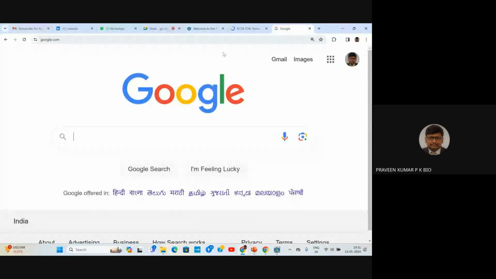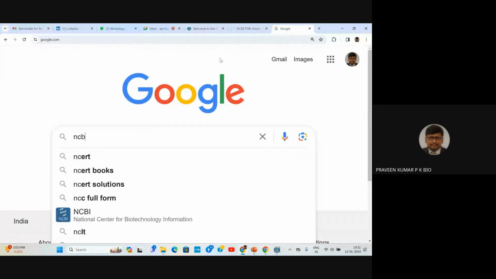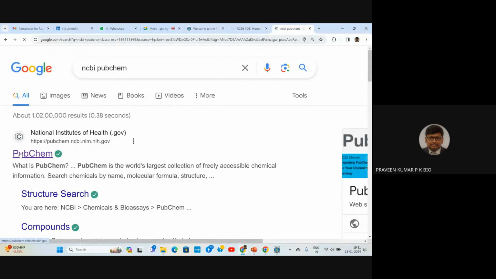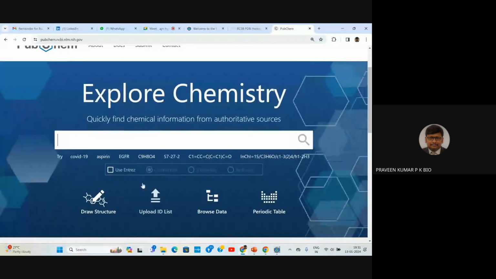The next step is how to fetch the ligand file. To fetch the ligand file, better go for NCBI PubChem. If you're doing research on diabetes and you know some plant is good for treatment, you can search a series of compounds from PubChem and try to do research.